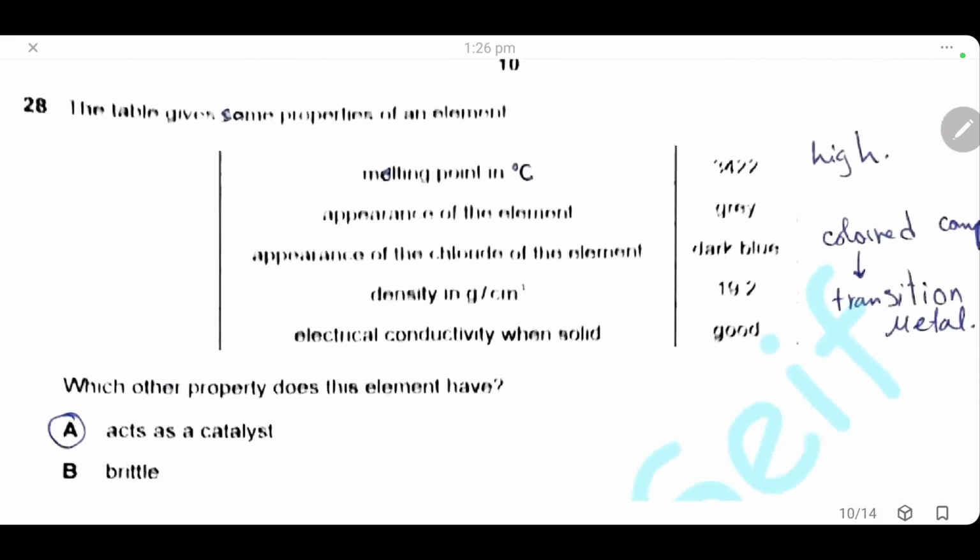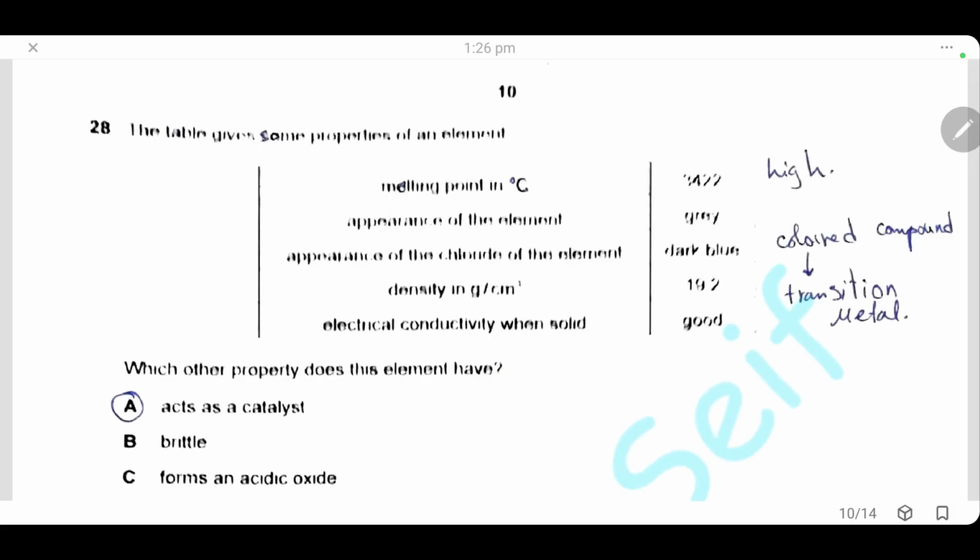Question 28. The table gives some properties of an element. This element has melting point, which is 3422, so the melting point is high. The appearance of the element is gray. And the appearance of the chloride of this element is dark blue, so this element forms colored compound, so it may be a transition metal.